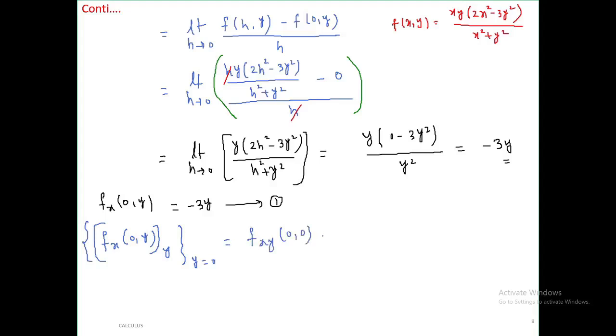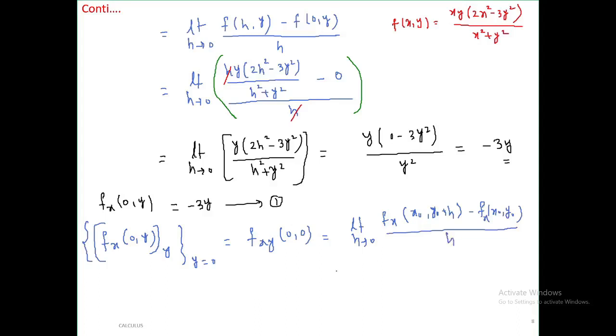Okay. According to definition again, limit h tends to 0. Which function now? fx at 0 comma y. So now what is that fx? So fx now varying in the y coordinate. So x naught comma y naught plus h. Let me write this one. After that I will substitute, y naught plus h minus f of x naught y naught, upon h.